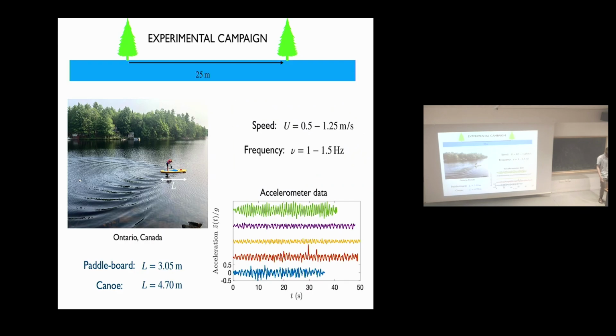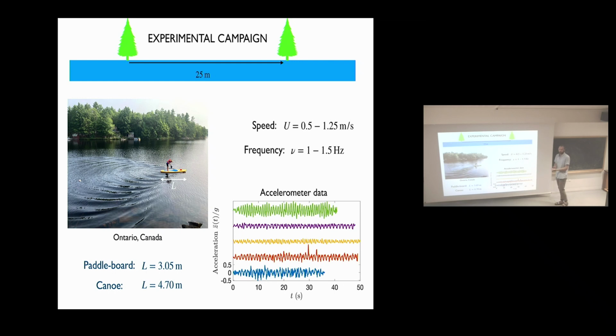Jerome and his son, Miles, set up some experiments a couple of summers ago, where they measured out the distance between two jetties, which was 25 meters, and then got a stopwatch and an accelerometer on an iPhone. The accelerometer data looks like this.